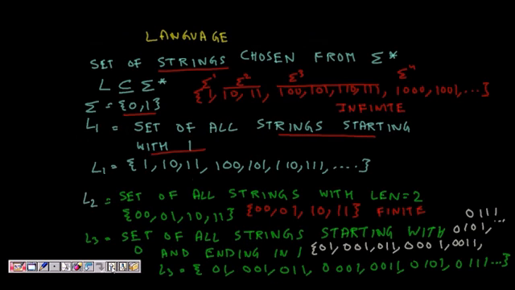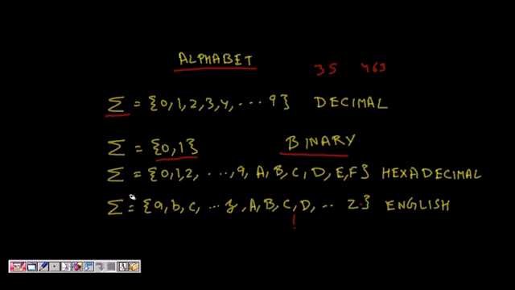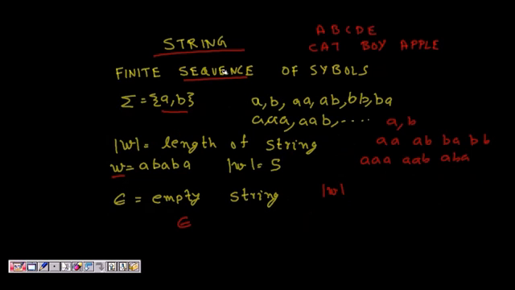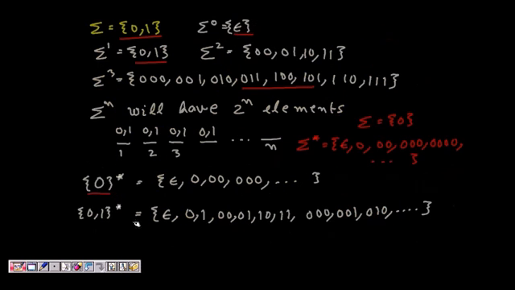But till now, to revise, we learned about alphabets, which are finite sets of symbols. Then we learned about strings, which are finite sequences of symbols. Then we learned about sigma 1, sigma 2, sigma n, sigma star, sigma plus.